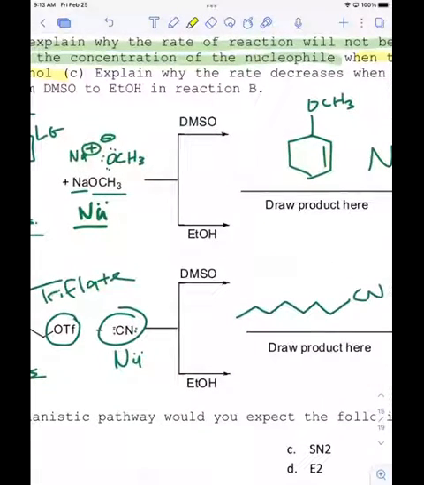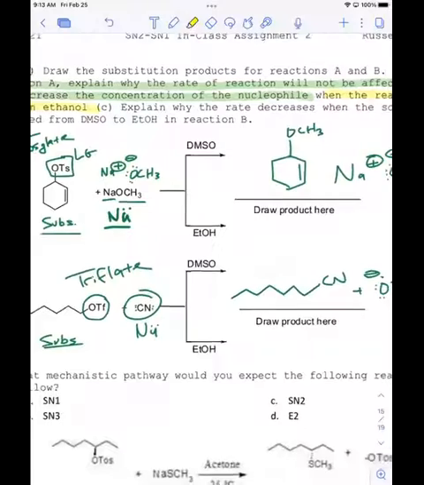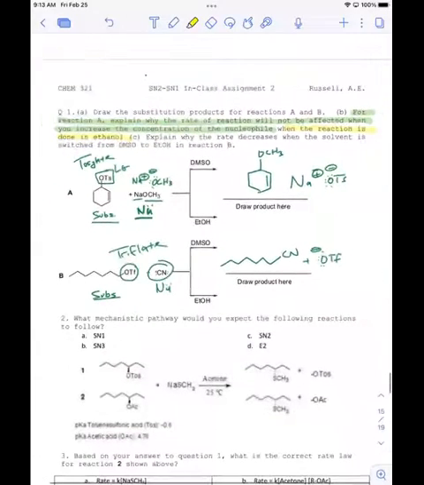DMSO, what class of solvent? Go ahead, Tia. Can you repeat the question? It says explain why the rate of reaction will not be affected when you increase the concentration of the nucleophile when the reaction is done in ethanol.